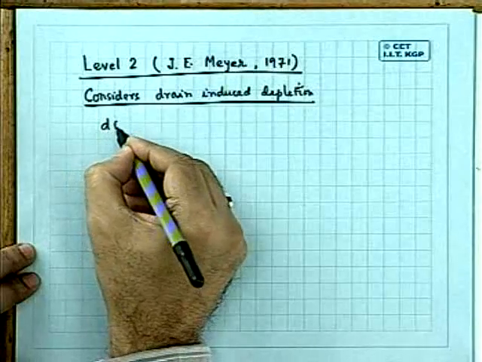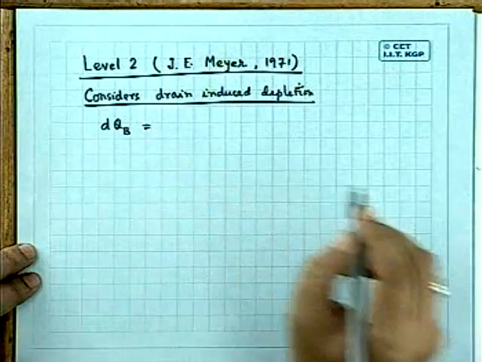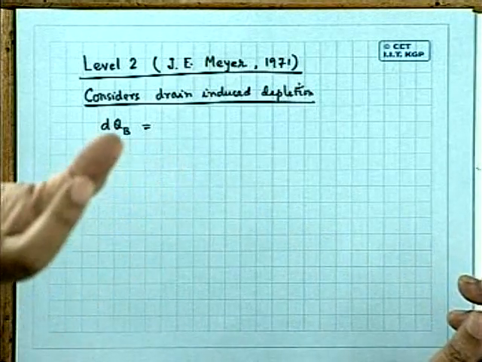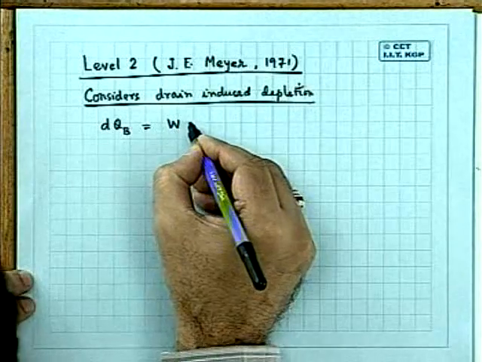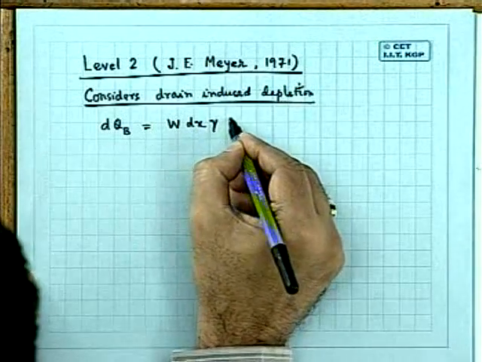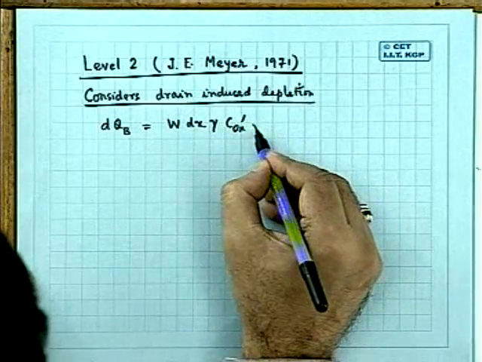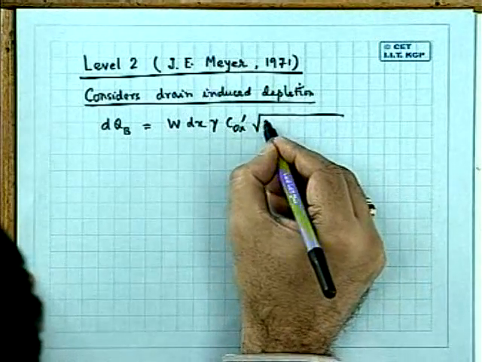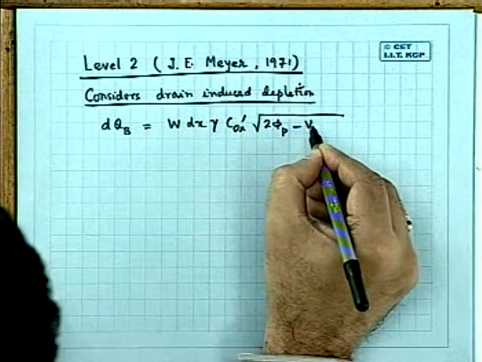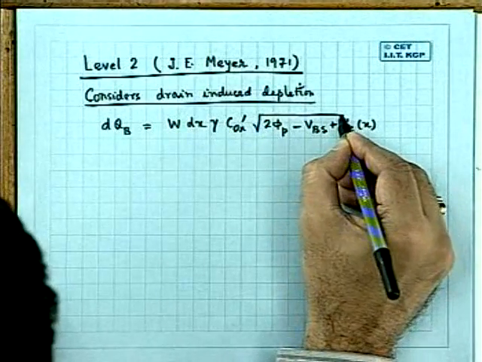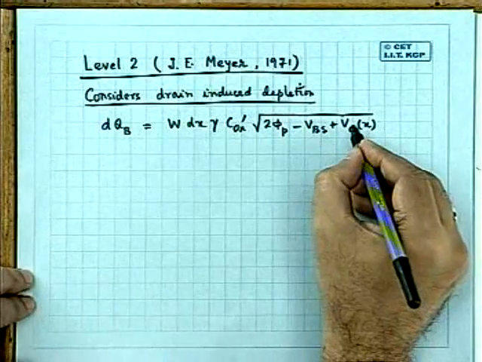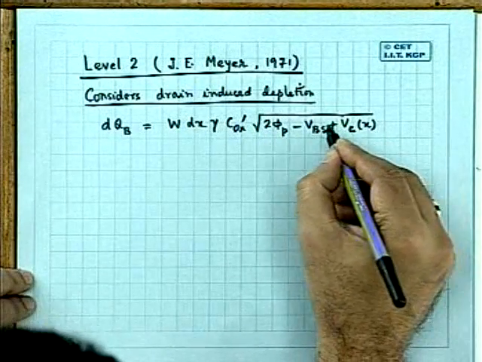were derived earlier. I just want to remind you, remember that the charge stored in a layer of thickness dx in the depletion layer is now written as this plus Vcx is the addition.